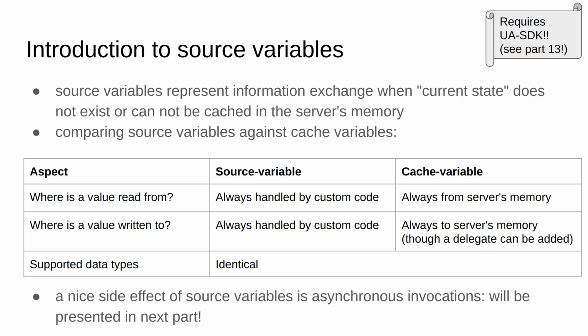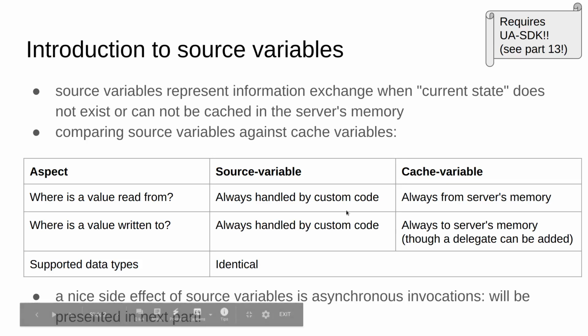I'd like to remark here that source variables have a very nice side effect, which is that in Quasar, we've implemented it such that they can be called asynchronously. So all those, you see, I say this is always handled by custom code.